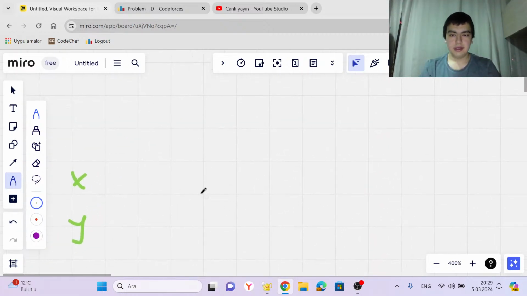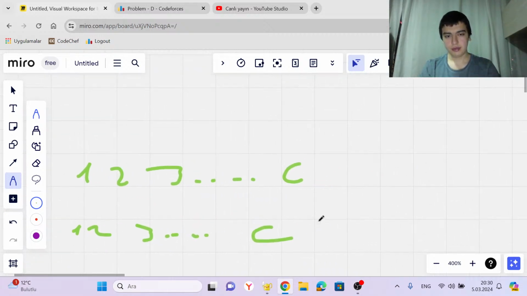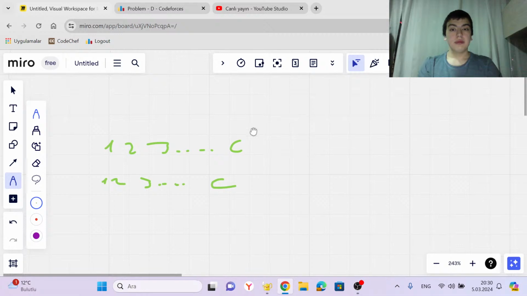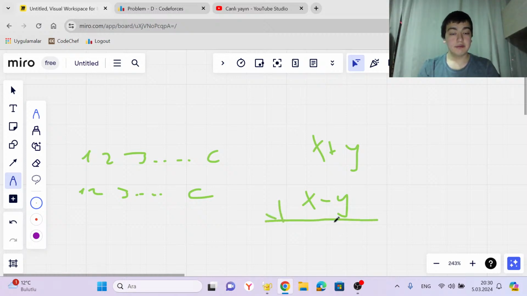I can choose x from 1, 2, 3, up to c, and y from 1, 2, 3, up to c. So I know that x plus y should not be in the set, and y minus x should also not be in the set.